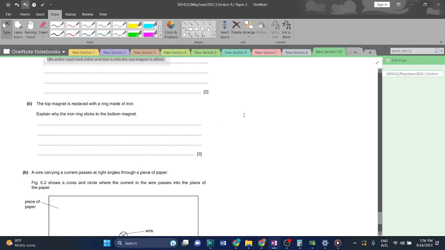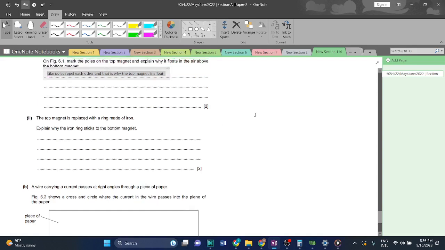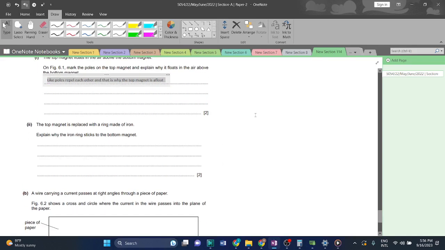The top magnet is replaced with a ring made of iron. Explain why the iron sticks to the bottom of the magnet. अगर आपने कोई बचपन में मैग्नेट लिया हो तो वो जगह जगह जाके आप चिपकाते हो ना, that is not how it works. The other thing becomes a magnet as well. ठीक है ना?